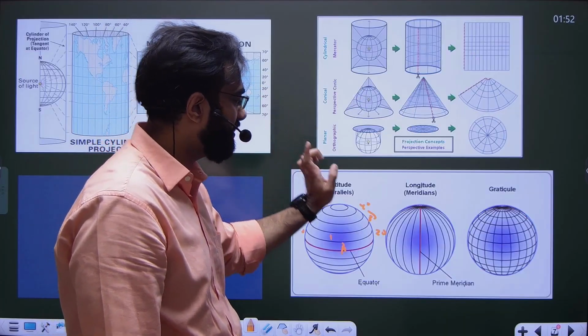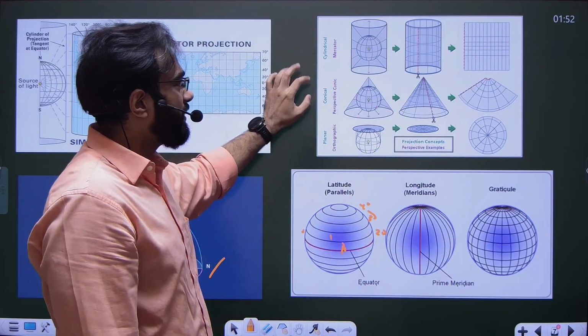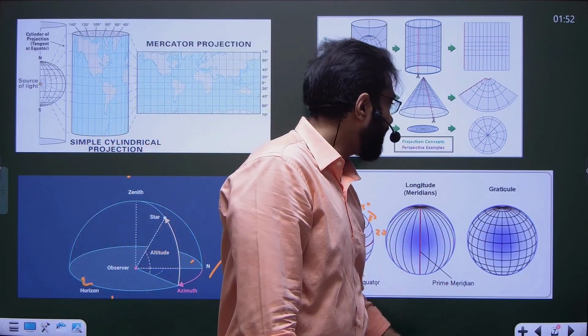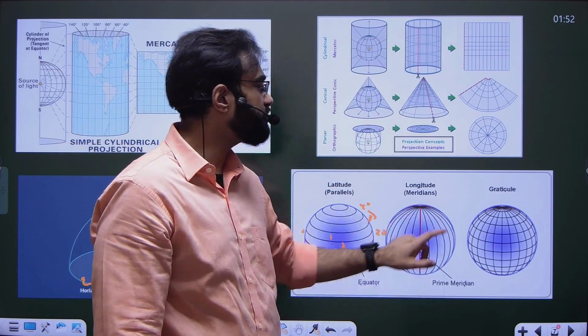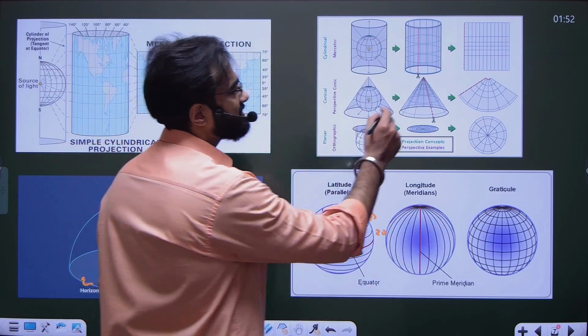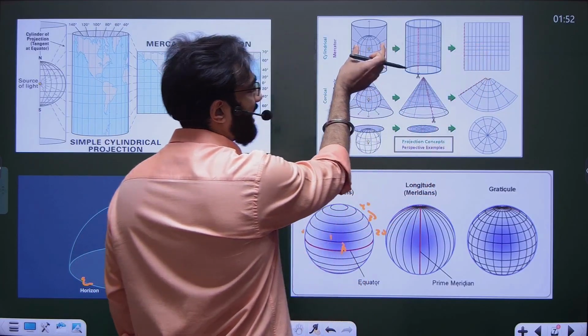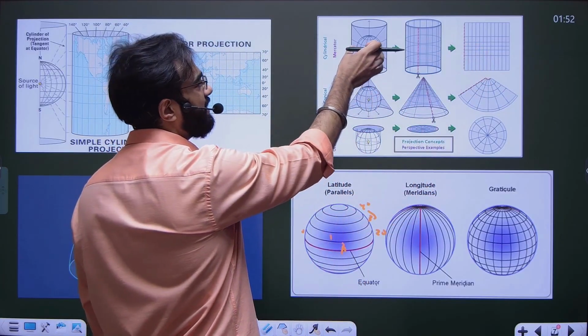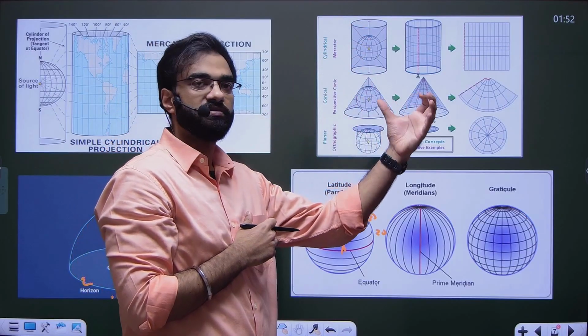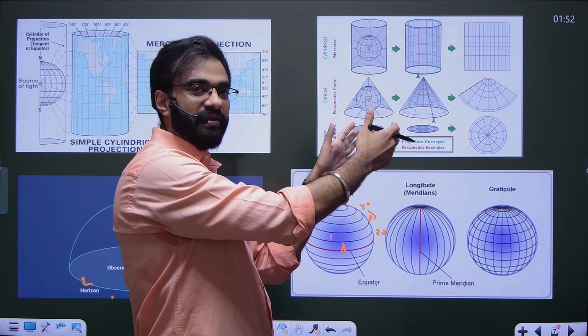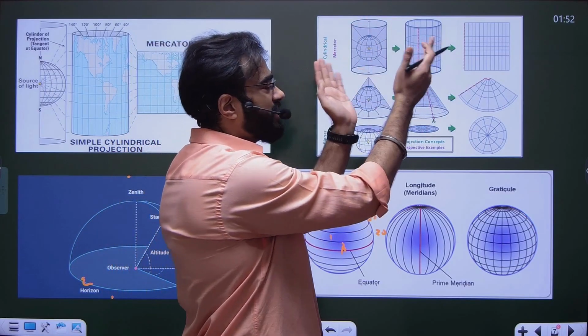Now, for example, the cylindrical Mercator projection. First of all, why is it most commonly used? In layman's terms, we place a globe, the earth, cover it with a cylinder, and then unwrap the projection.